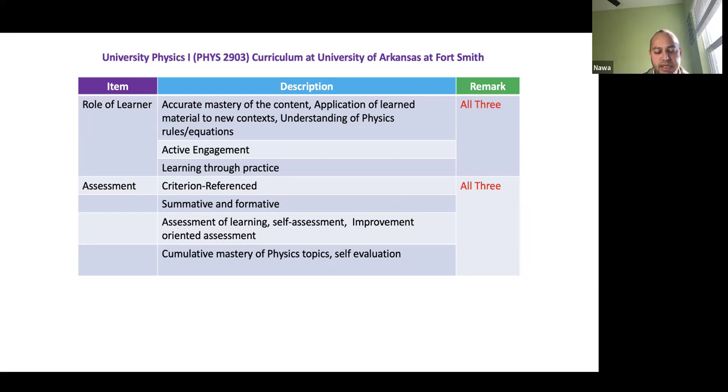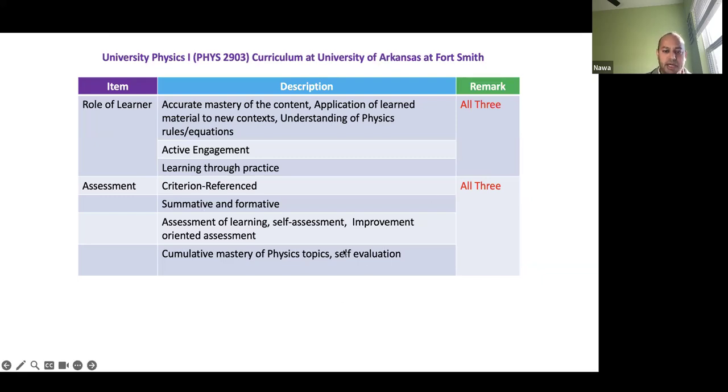So 5% or 10% of my grade goes to class activities, which is formative. While they are doing the discussions and in-class practice questions, they have the opportunity for self-assessment and improvement. So I think that's the central design.